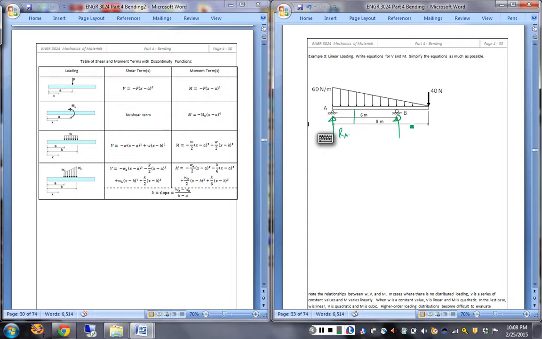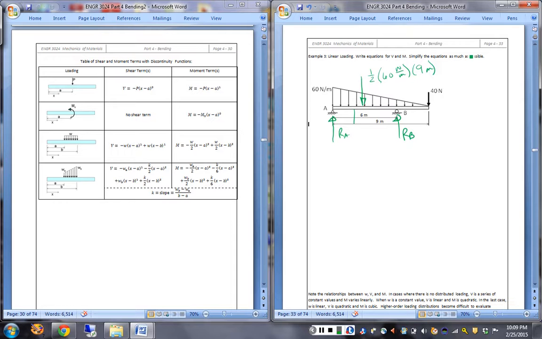We're going to have a reaction at A, and a reaction at B. For a triangular force, we know that the point of action is 1/3 from the large end, or 2/3 from the small end, and the equivalent force is essentially the area under the curve. So we've got 1/2 times 60 newtons per meter times the overall distance of 9 meters.